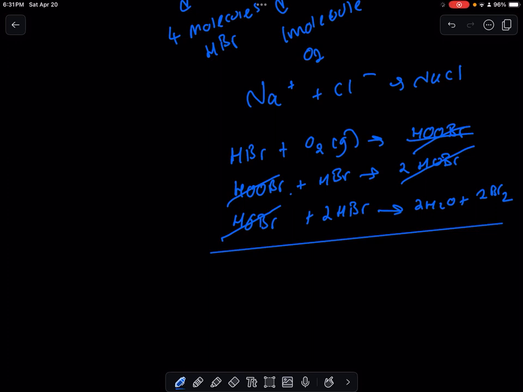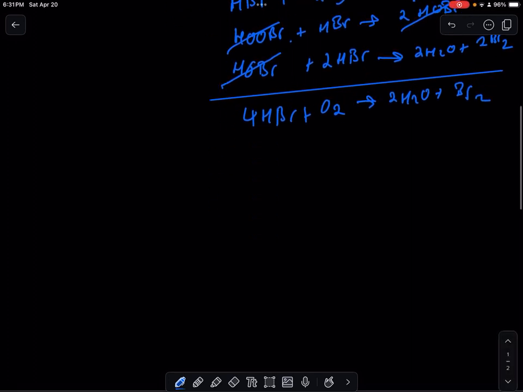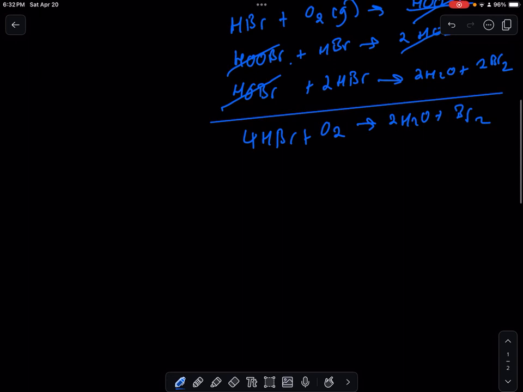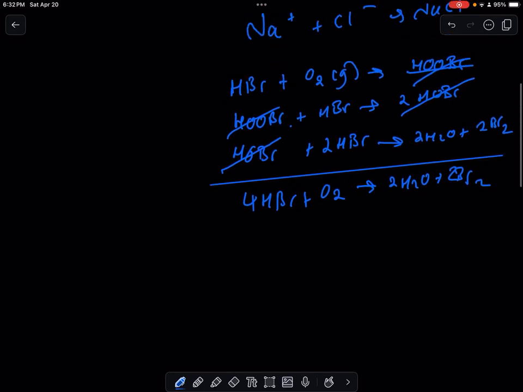So we have 4 HBr plus O2 goes to 2 H2O plus Br2. This is the reaction that is taking place. Just balance that correctly. This is the overall reaction, which is a sum of the individual steps.